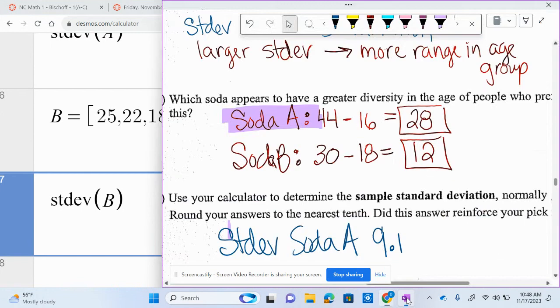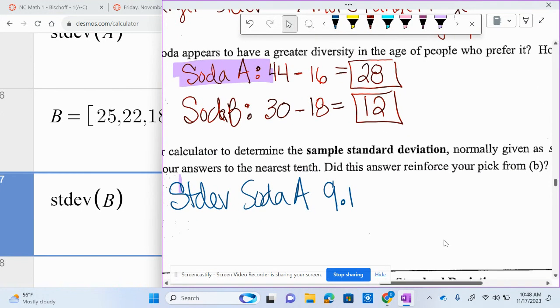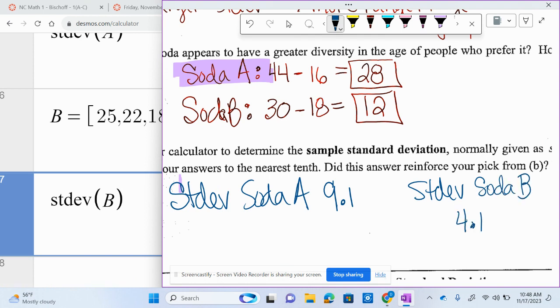Which one has a greater standard deviation? Yeah. So the standard deviation of soda B is 4.1. So we said that soda A reached a more diverse age group, and we just proved it. It has a greater standard deviation.